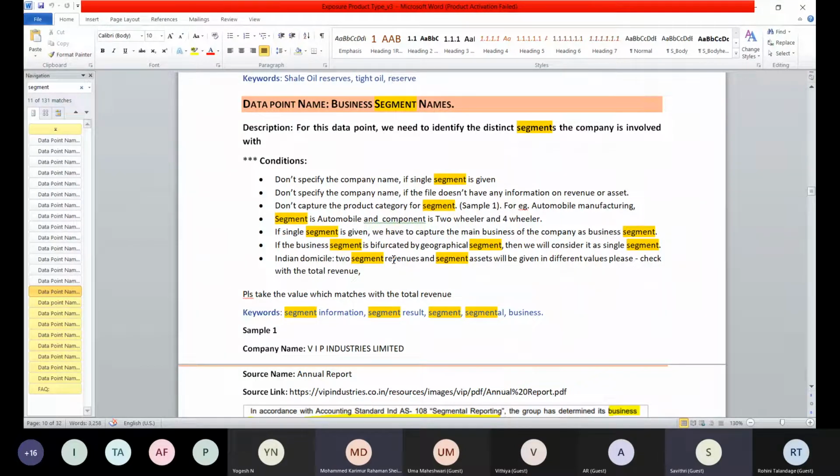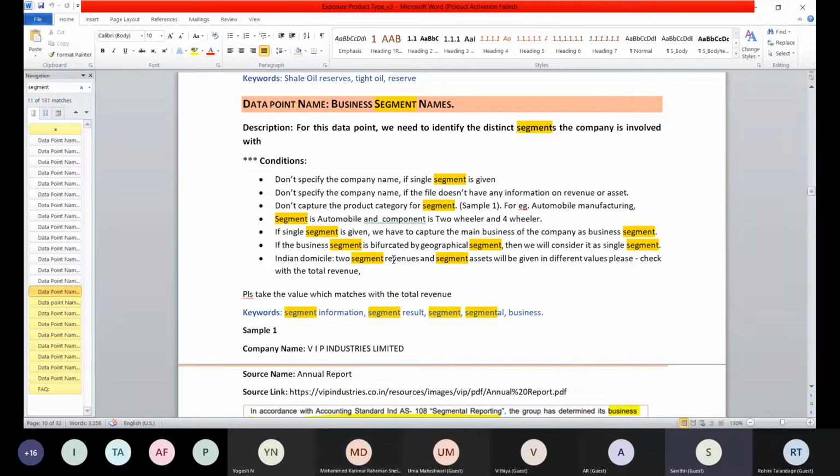So now you got two breakdowns for the same revenue. In this case, this company has two segments and they are generating 50-50 revenue from both. By this also you are able to find the business segments.